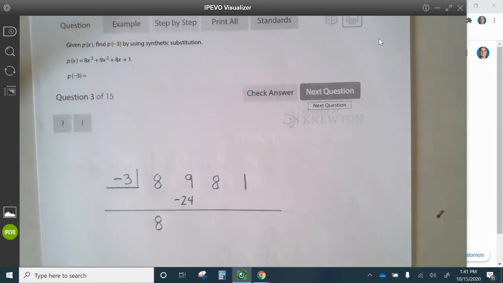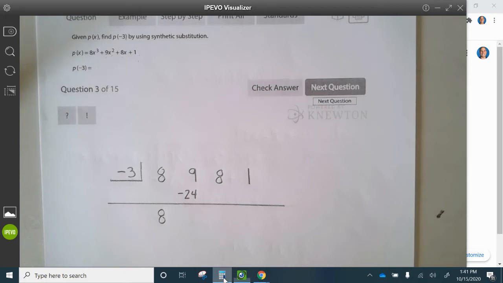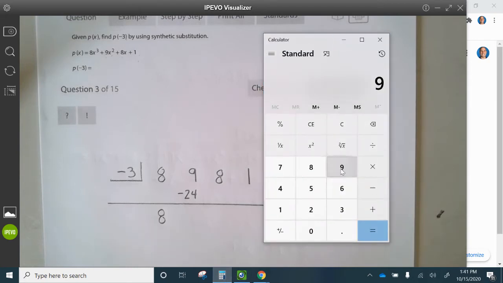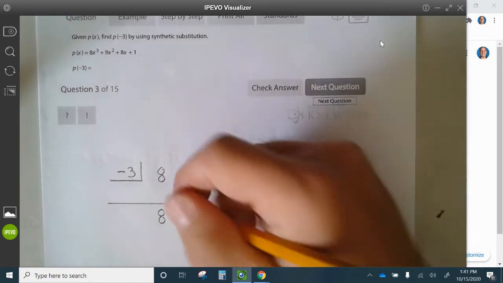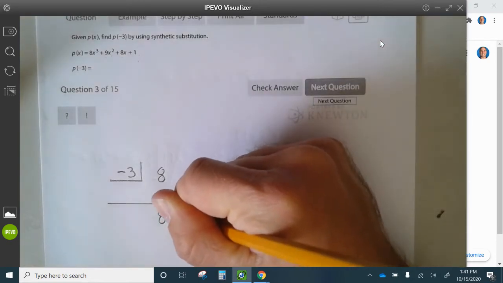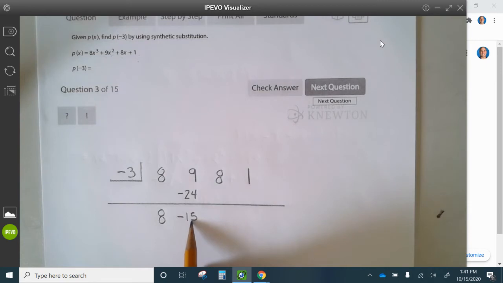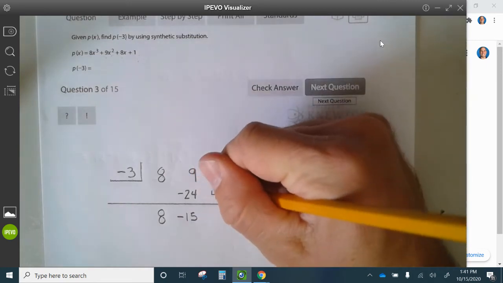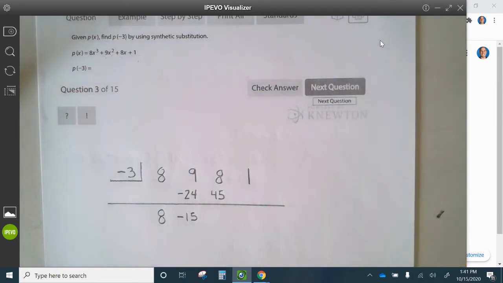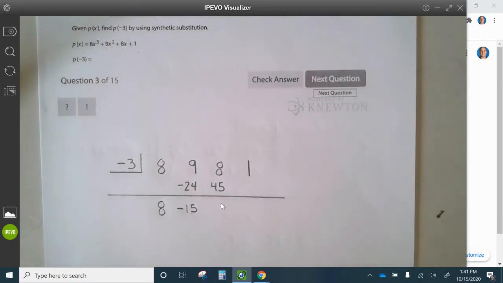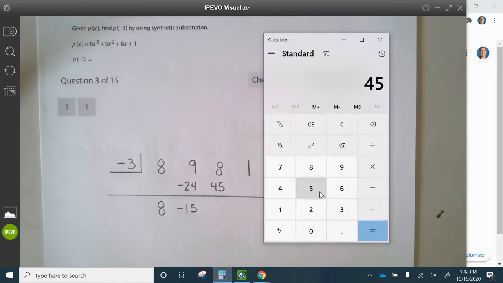Let me check to make sure. 9 minus 24 equals negative 15. So let's bring down the negative 15. Negative 3 times negative 15 is a positive 45. And we should all know what 45 and 8 combine to be, but sometimes it's good to use the calculator just to make sure you don't make an accidental calculation error.